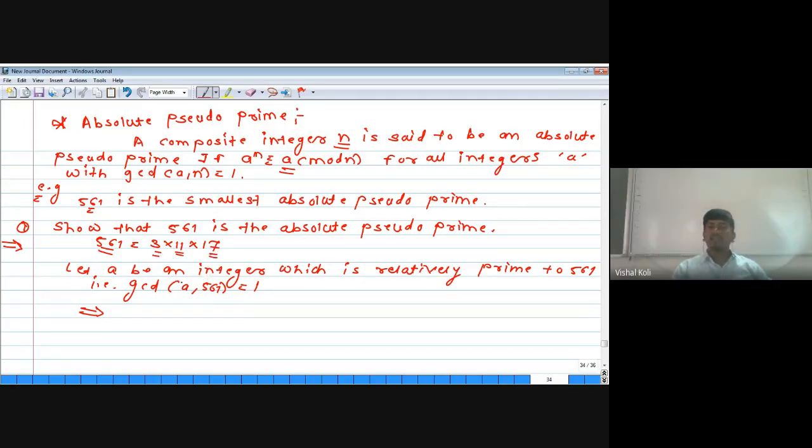Since if it is greater than 1, then that integer must divide 561, which implies GCD of a and 561 will be greater than 1. So as here GCD of a and 561 is equal to 1, then GCD of a with these three integers 3, 11, and 17 must be 1, which implies GCD of a and 3 equal to 1, GCD of a and 11 equal to 1, and GCD of a and 17 equal to 1.